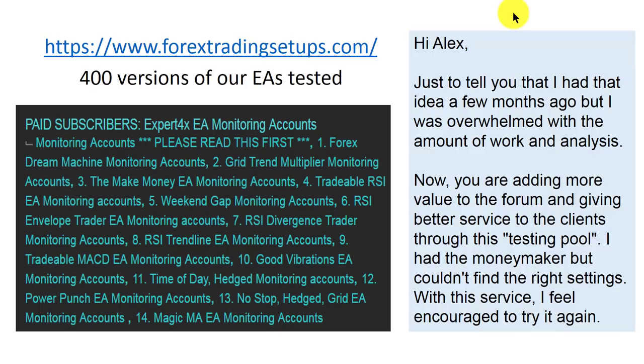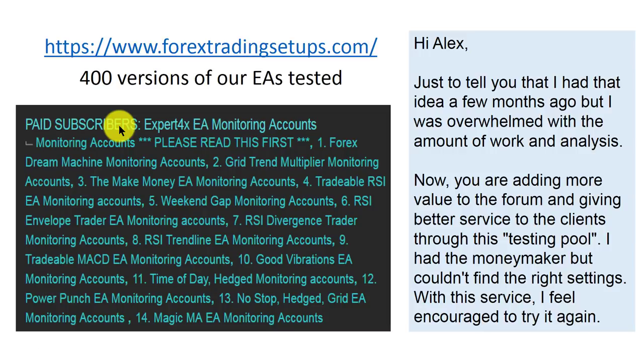Also, as I've shown you, these examples come from the paid subscribers monitoring account service that we've added to our Forex Trading Setup forum. We are testing 400 versions of our various EAs in that forum. There are 14 EAs being tested, our 14 trading EAs, and you can go and have a look at that if you are a paid subscriber. To become a paid subscriber, very easy.